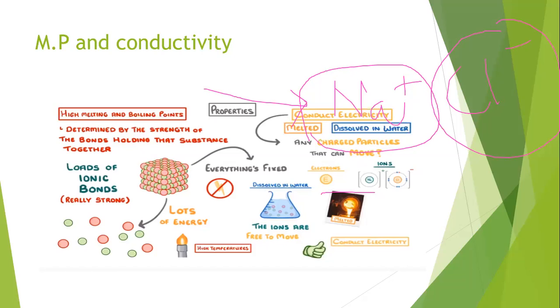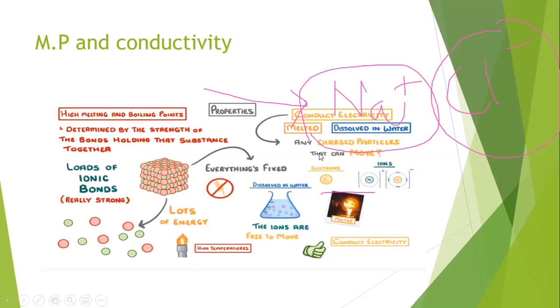They have electrostatic forces that hold these ions. When you provide more heat to the ionic compound, these ions will be in random motion, lose their bond, and that's why ionic compounds have high melting and boiling points.